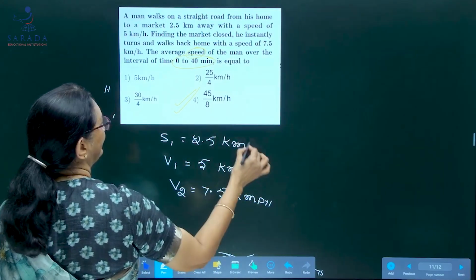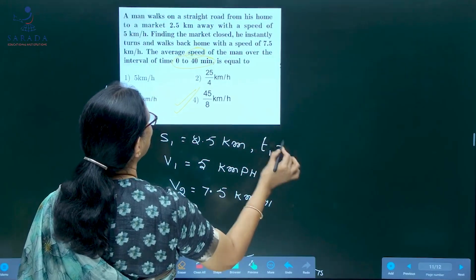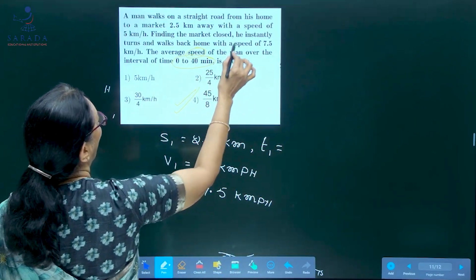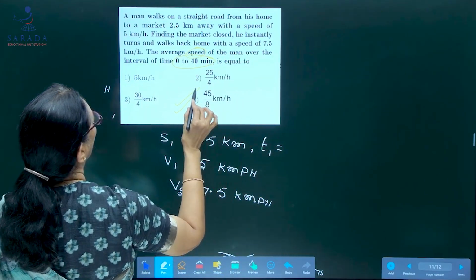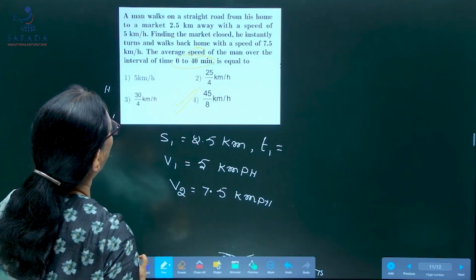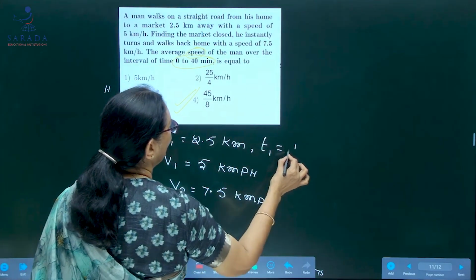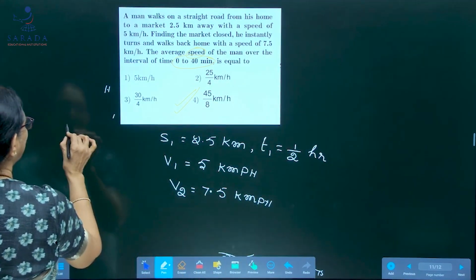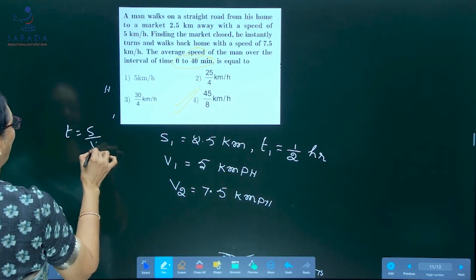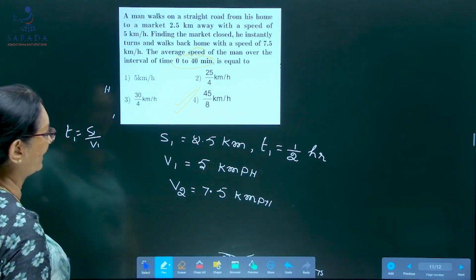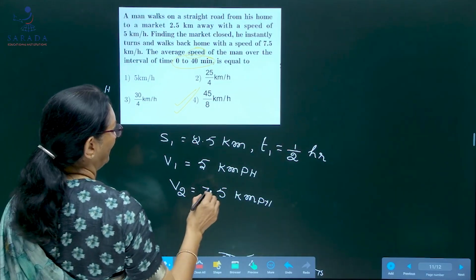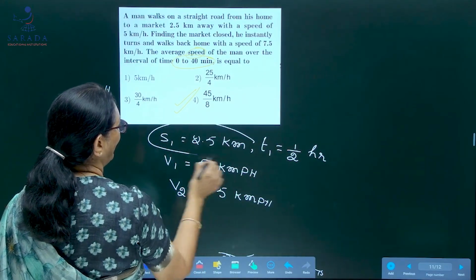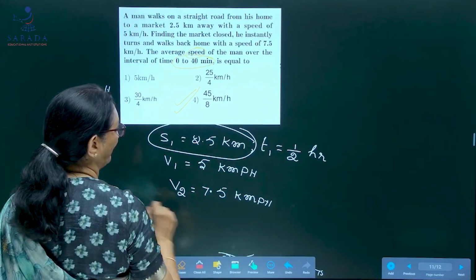So here T1 is given as half an hour, 2.5 with a speed of 5 km/h. So T1 we could find as half an hour because T is equal to S by V. T1 is equal to S1 by V1. Now, forget about this. T1 is known, V1 is known.